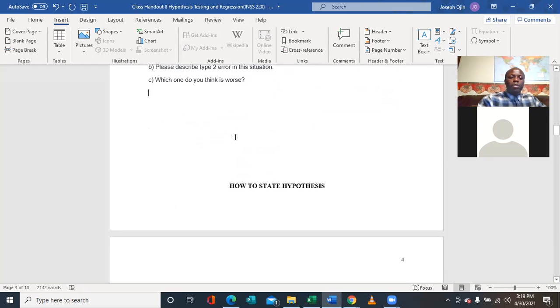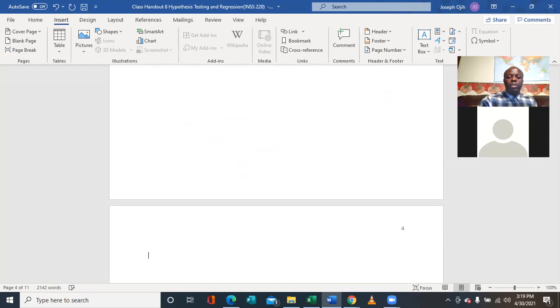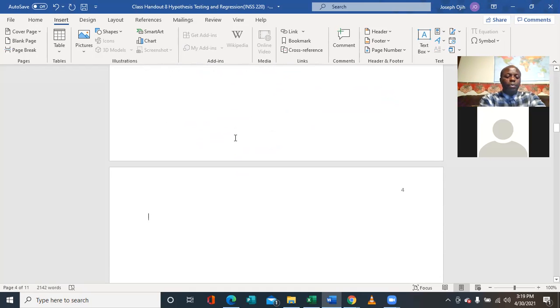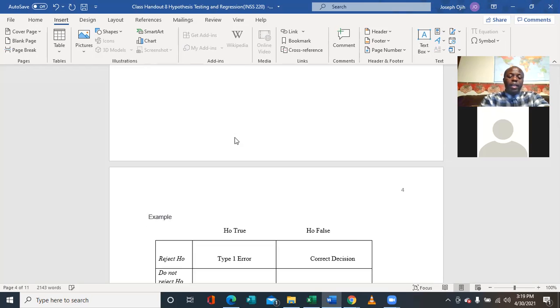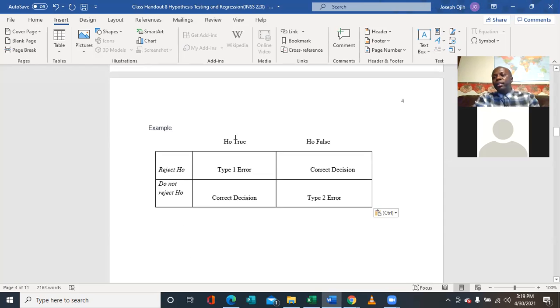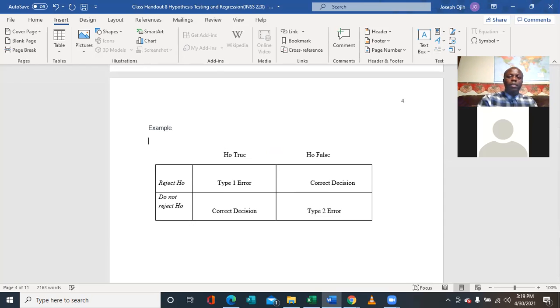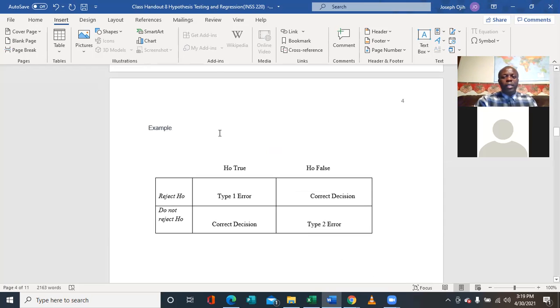So let me use a different example. Let's say we use our legal system. Or even medications, a vaccine for COVID, for example. Okay, let's use that, the COVID vaccine.